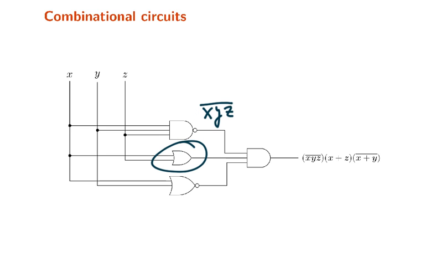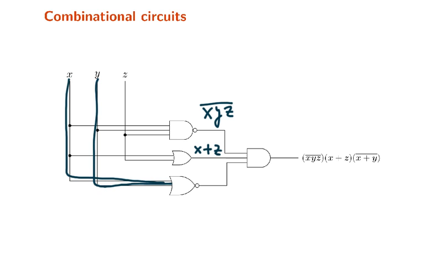Let's look at the second gate now. So here we have that this X was the one that came here, and this Z is the one that came here. So the output is going to be here X plus Z, because this is an OR gate. We can say X or Z. And the third gate, we have a Y coming here and an X coming here.